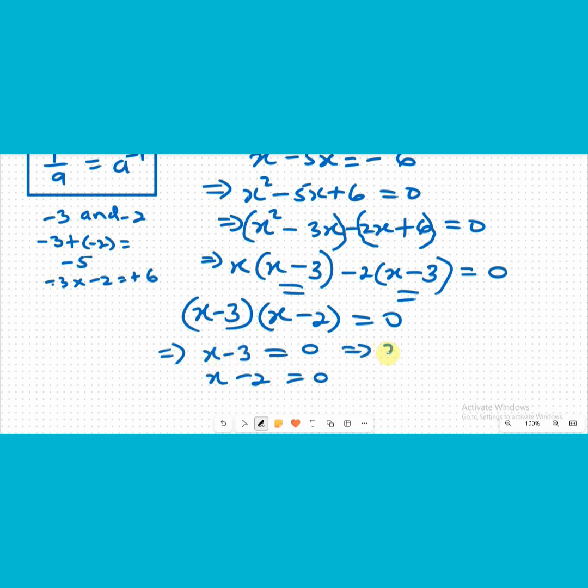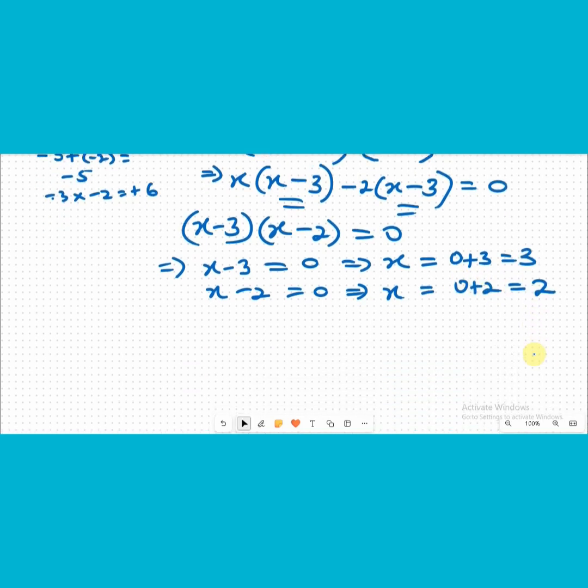That will be x is equal to 0 plus 3, because minus 3 becomes plus 3 as it crosses the equal sign, and 0 plus 3 is 3. The same is done here: x is equal to 0 plus 2, which gives me 2. So the values of x are 3 or 2.